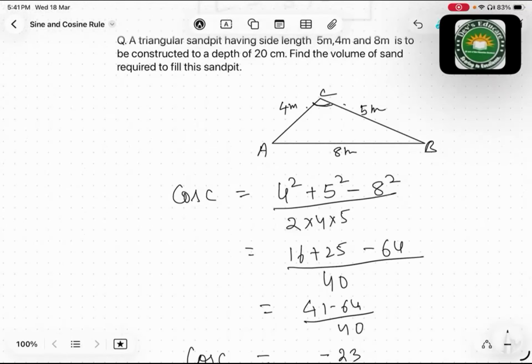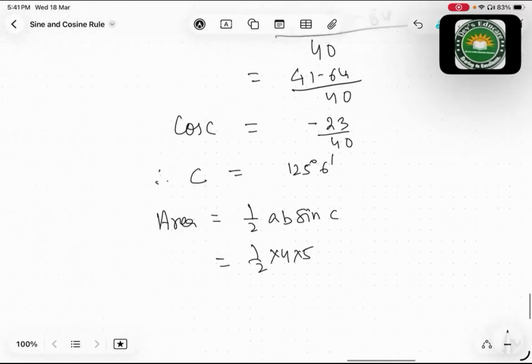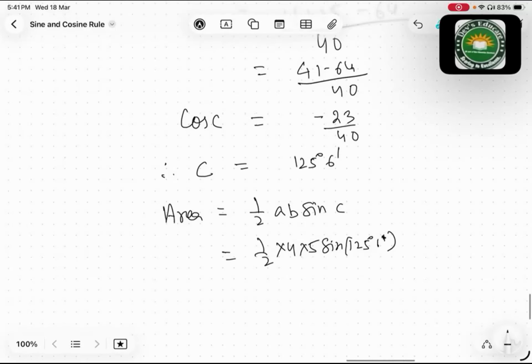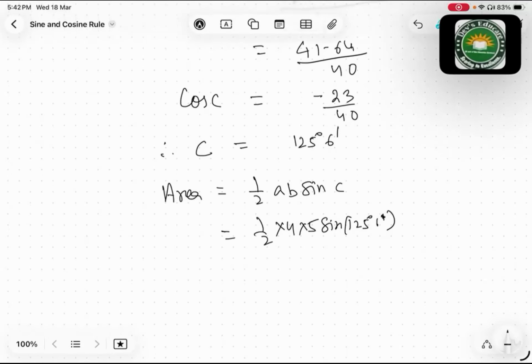These two, AC and BC, are the adjacent sides and the including angle is C. So area is half AB sine C, 4 into 5 into sine 125 degrees 6 minutes. Use a calculator to find it. We will get 8.1815 meter square.